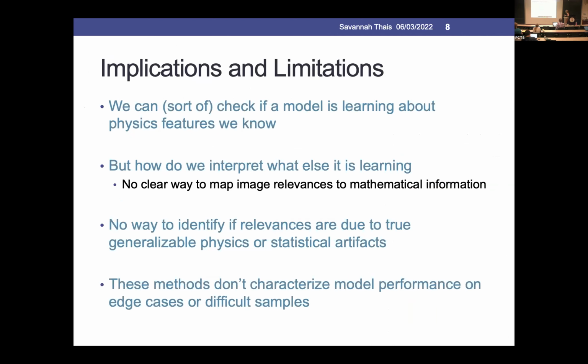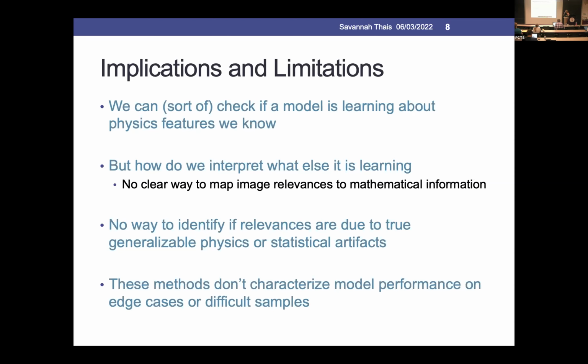There's no clear way to match those image relevance maps that I showed at the beginning to actual mathematical or physical information. Also, a big critique that people have of things like salience mapping and relevance propagation is that there's not necessarily a way to say that this is due to true generalizable physics versus just some artifact of the specific data set that you're looking at or the specific network that you've developed.